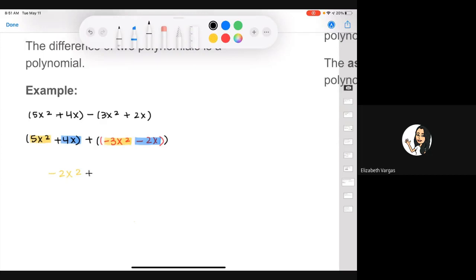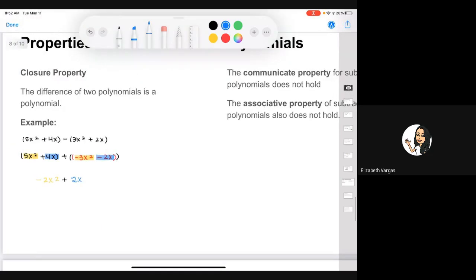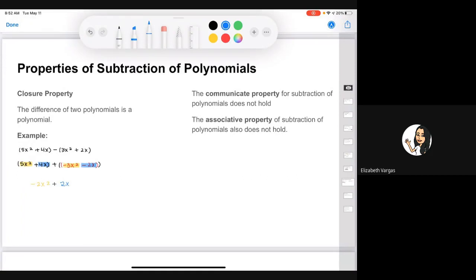For x plus negative 2x is just a positive 2x. And so there I have my resulting expression. Okay, and so basically what this is saying is if you subtract two polynomials from each other, your resulting expression will also be a polynomial. Okay. The commutative property doesn't apply for subtraction, and the associative property does not apply to subtraction. So only the closure property applies to subtraction.